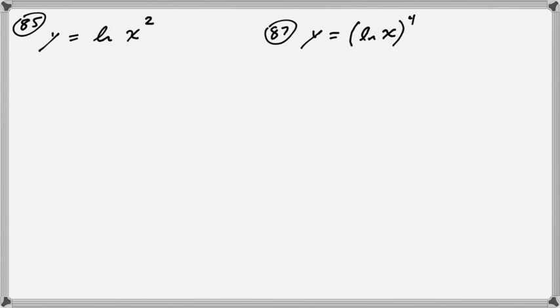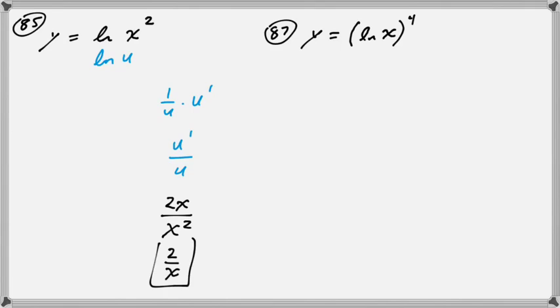83, then we have 85. You have a choice on 85. You could do the derivative of natural log of u is 1 over u times u prime, or u prime over u. If the u is the x squared, what would be the u prime, the derivative of that?